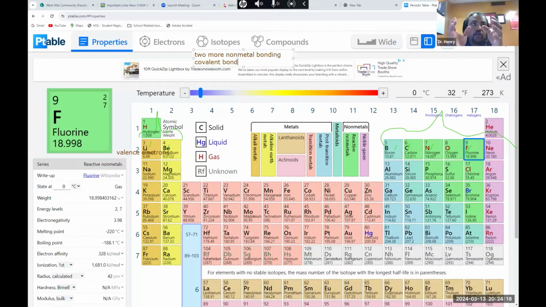But in that case, that's kind of the way we look at it. Non-metals and metals are going to form ionic bonds. So in that case, fluorine is going to take electrons from metals. So, ionic bonds.